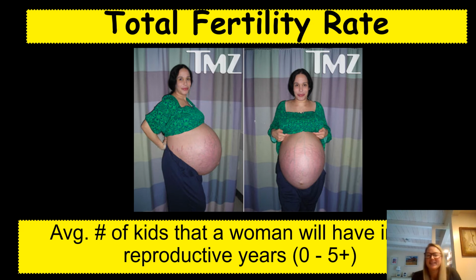All right, this is always an interesting study. Total fertility rate is the average number of offspring that an organism will have in their reproductive years. Here in the United States, the total fertility rate is about 2.1, 2.3. On average it's about 2.